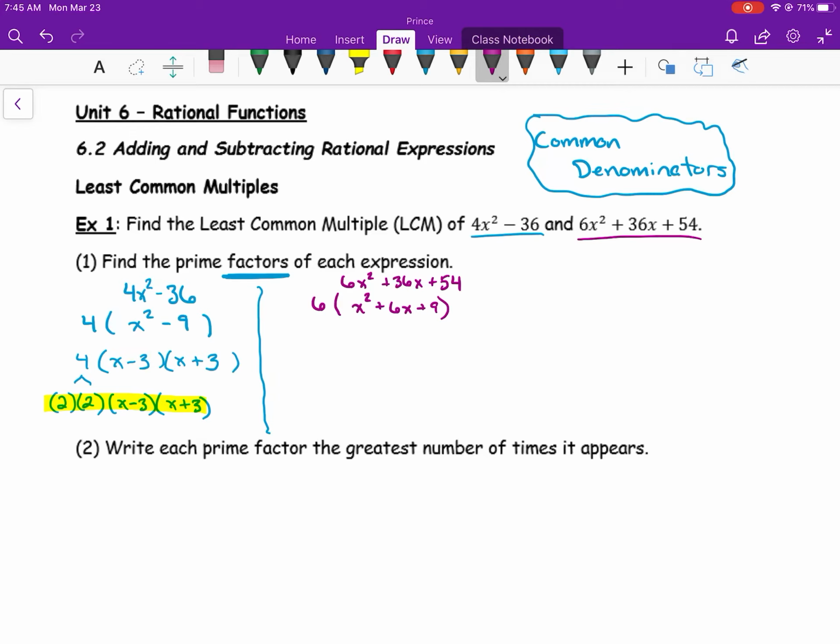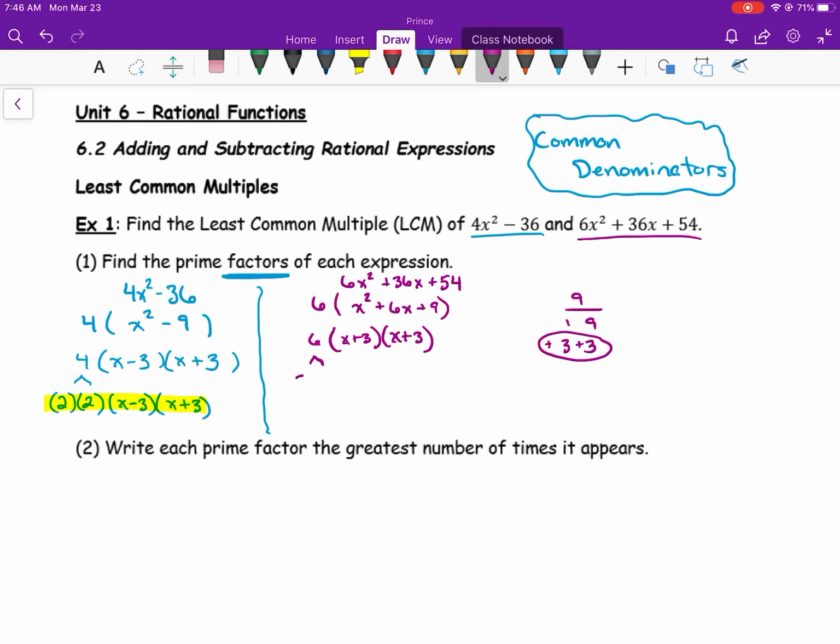So we'll factor x squared plus 6x plus 9. Basically, factors of 9 that add to 6: plus 3 and plus 3. So I'll get x plus 3 times x plus 3. And as in the blue part over there, we have to break down 6.